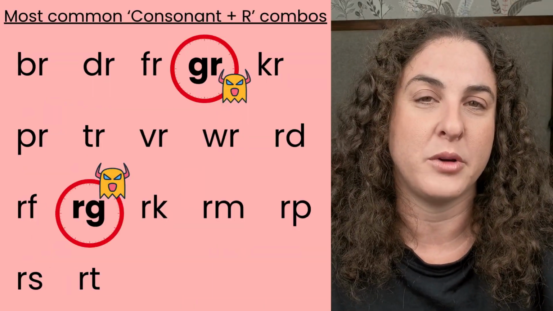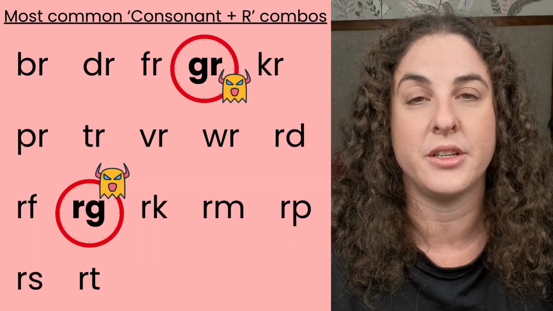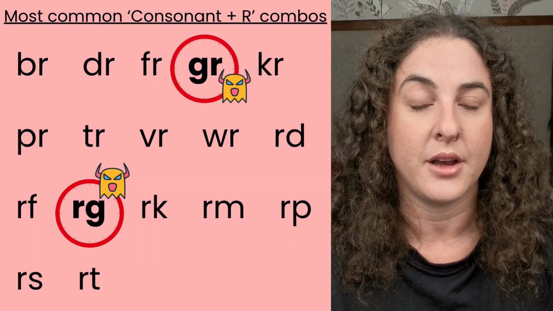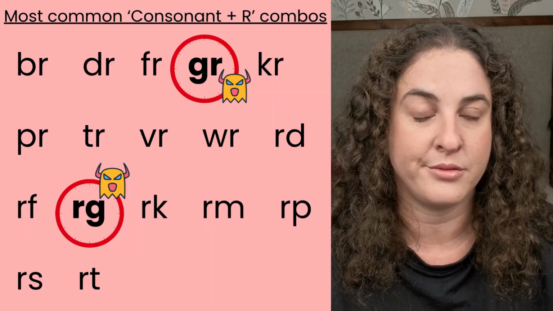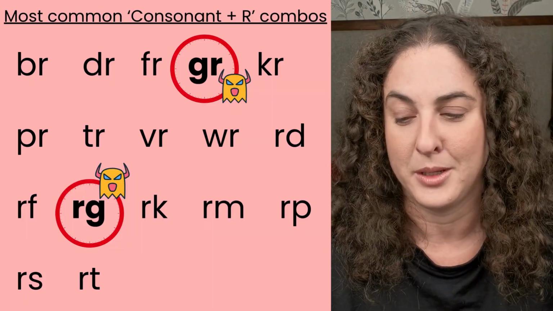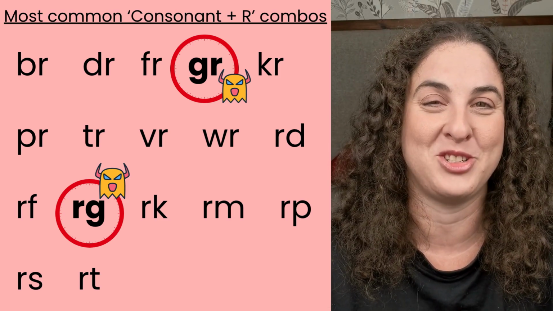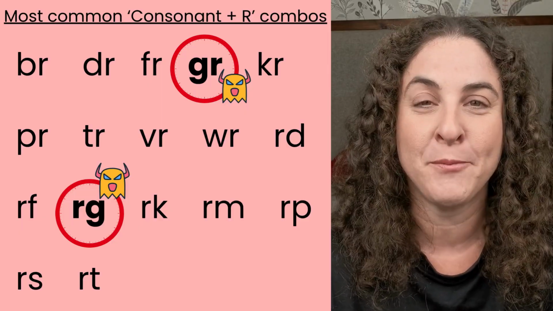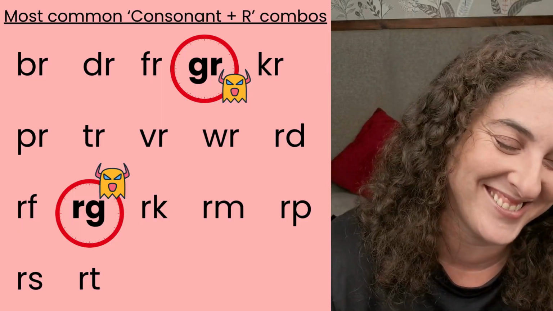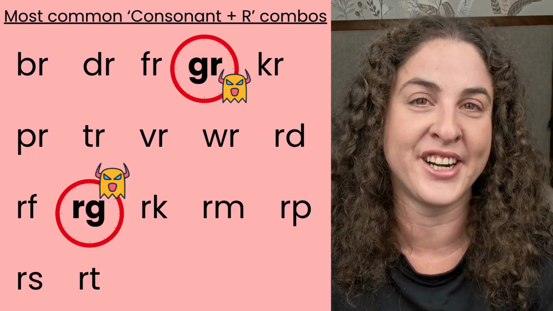And here I have what I think are the most common combinations of consonants with r. And then I'll also tell you which ones are the most difficult, which I guess you can see from the picture. But we have brr. I'm already struggling. Drr. Frr. Oh no. Frr. Grr.